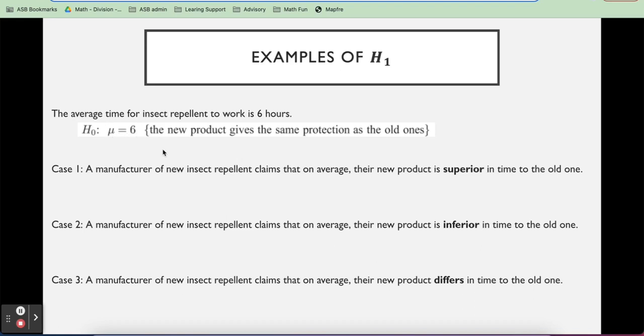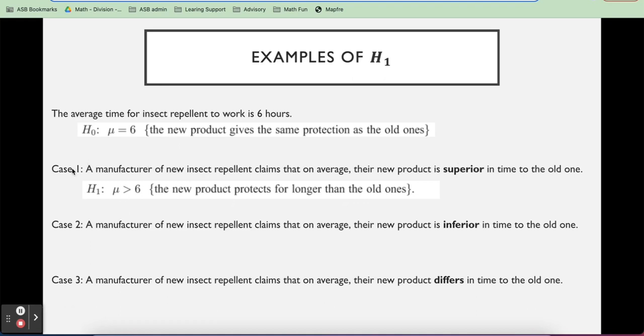Okay, well, in this question, we have 3 different cases. So either they could add information and say the manufacturer of this new insect repellent claims that on average, their product is superior in time. So superior in time meaning it takes more time, right? Keyword being superior in time, right?